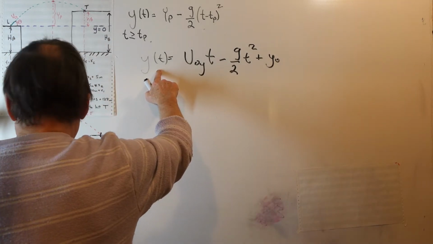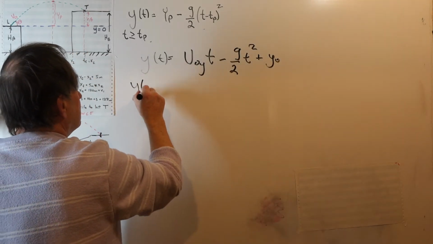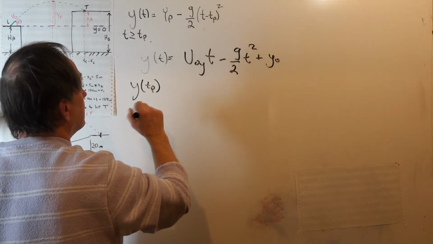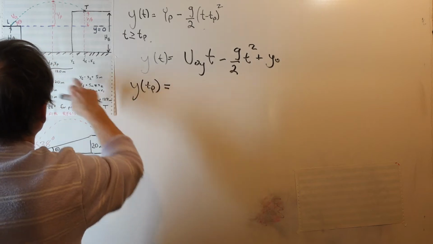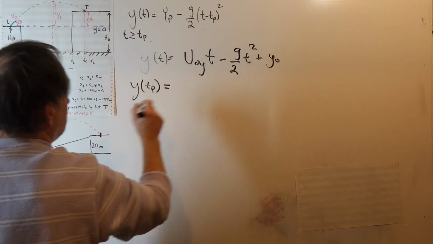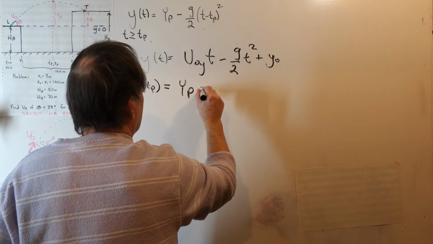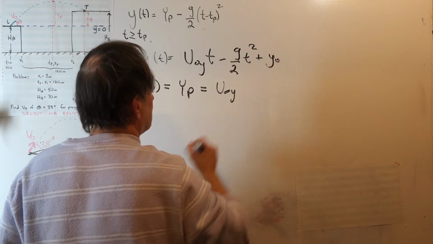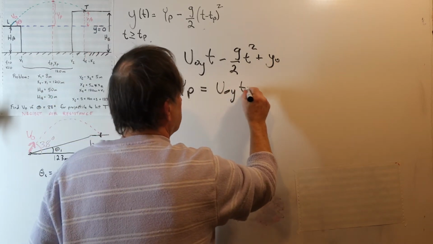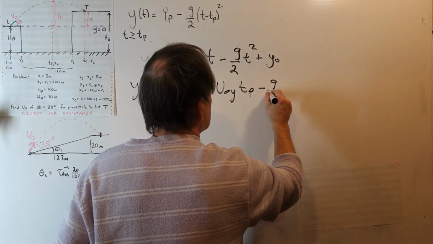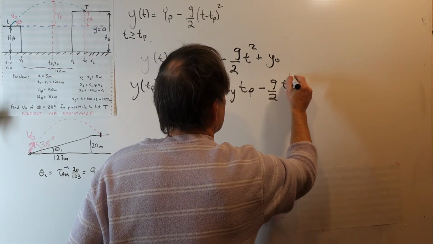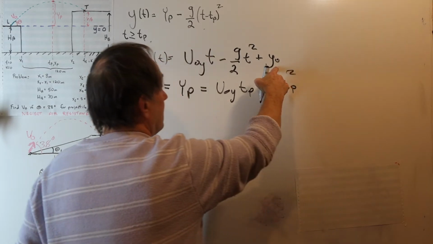Now, at t peak, what's the y value? Well, the y value is y peak, and that is equal to the initial velocity in the y direction times t peak minus g over 2 t peak squared plus y0.